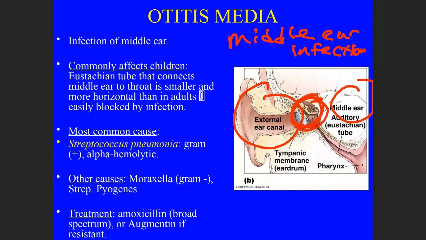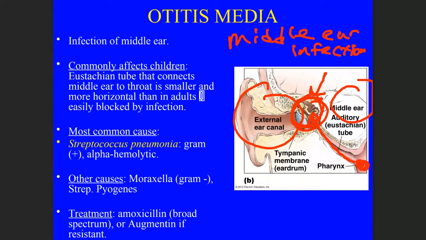Well, middle ear infections don't start in the middle ear. They actually start down here in the pharynx. Any bacteria that's in the pharynx can travel up the eustachian tubes and into the middle ear. So middle ear infections really start off as a pharynx infection in the back of the throat.